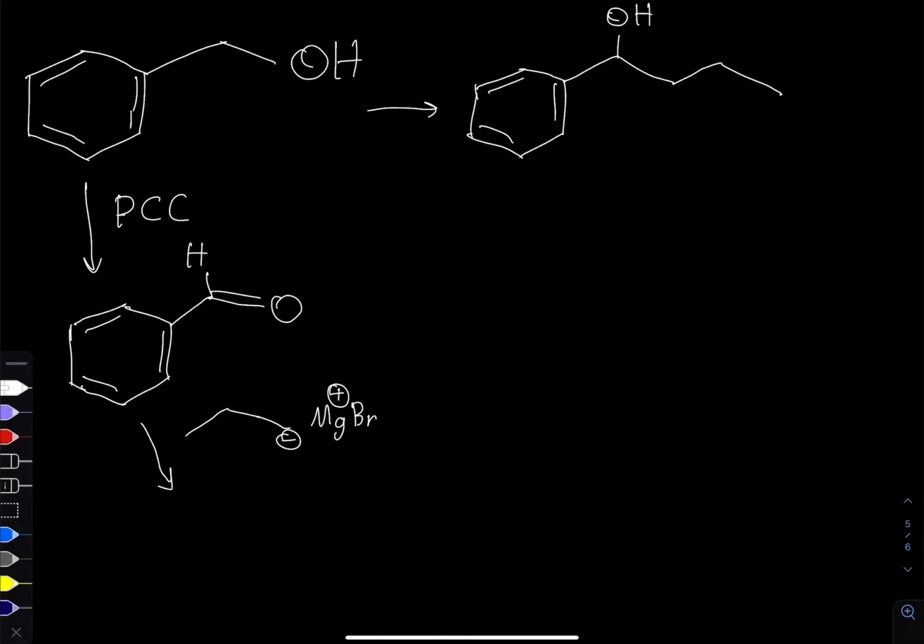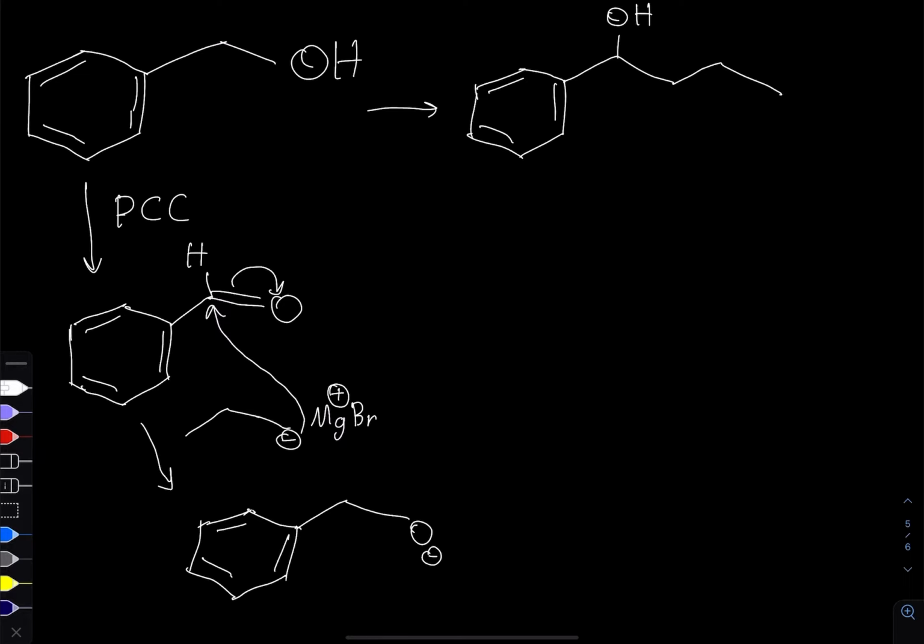So this is going to attack this carbon and push out the electrons, and so we're going to get 1, 2, 3 carbons. And the shape of it looks a little bad, so let me redraw that.